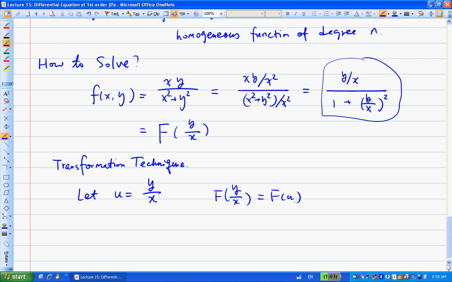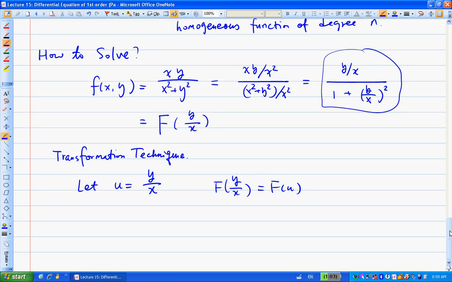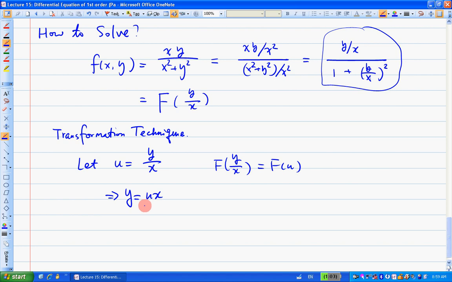Or simply becomes this. Now at the same time, because u equals this, that means y equals ux. Right? Yeah. Okay, so y equals ux, I'm going to take a derivative of both sides of this equation. Okay, taking derivative.